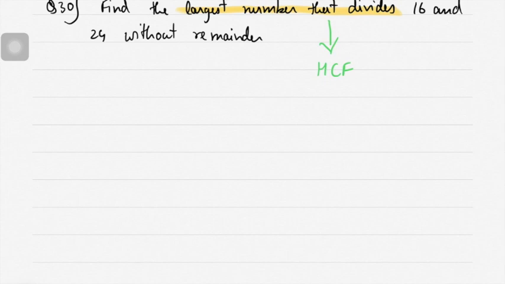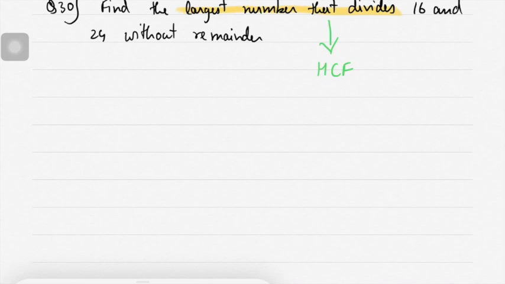The factors are asked. Whenever a number that divides is mentioned in the question, there are two numbers and a number which divides those numbers. That means factors are asked. So you have to calculate the highest common factor.